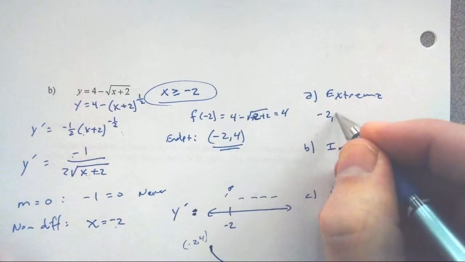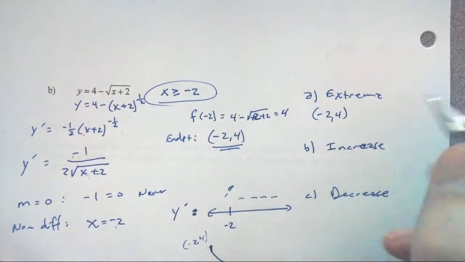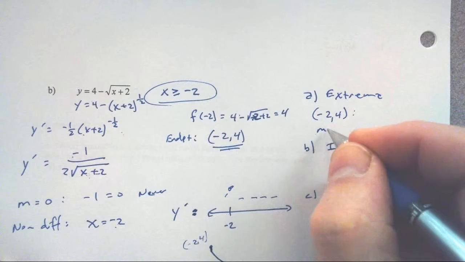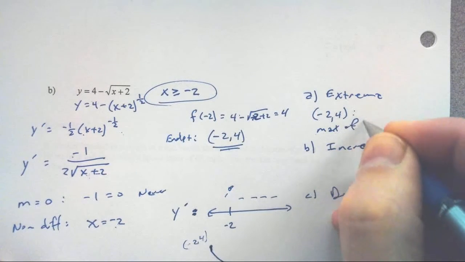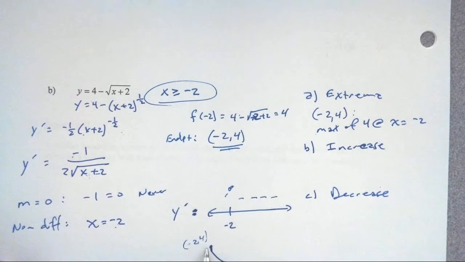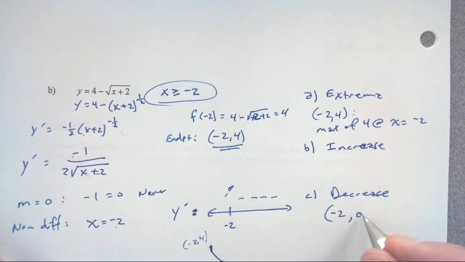Therefore, negative 2, 4 tells us that with this slope, we have a maximum of 4 at x equals negative 2. This function is decreasing from negative 2, not at negative 2, from negative 2 to infinity, and it increases never.